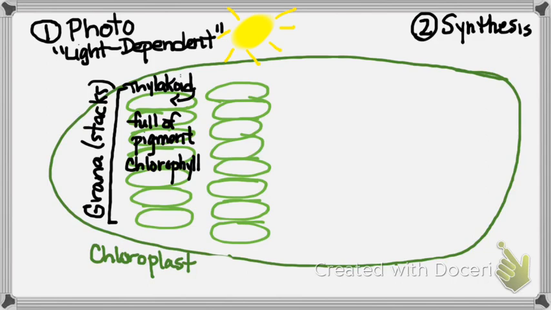Now, interestingly enough, and you probably learned this in physical science and life science, the colors that we do not absorb, the colors that we reflect, are the colors that we see. So chlorophyll is green, which is why we're drawing this in the green color. That is because plants actually don't use the green light. They actually reflect the green light. That light is reflected back towards our eyes, which is what makes plants look green.